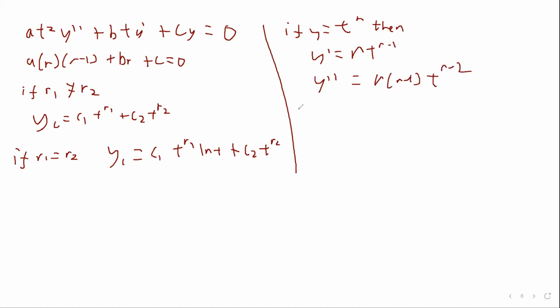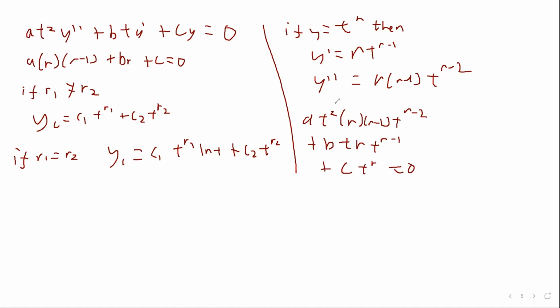Now let's plug it in. a t squared r times r minus 1, t to the r minus 2, plus b t times r t to the r minus 1, plus c t to the r equals 0.